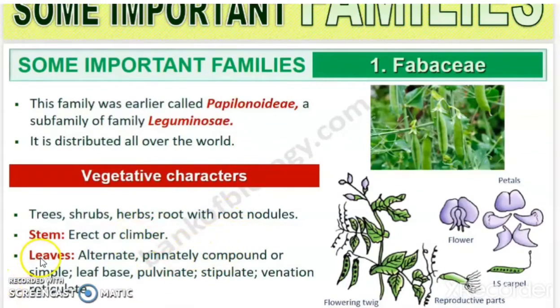And if you take the case of leaves, they have alternate leaves. So what is this alternate? We have learnt about phyllotaxy, right? I hope you remember phyllotaxy. Phyllotaxy is the pattern of arrangement of leaves on the stem or branches, and it is of three types: alternate, opposite and whorled.